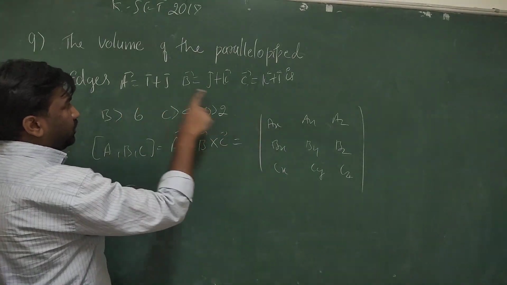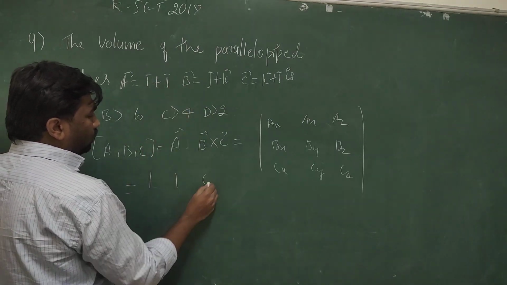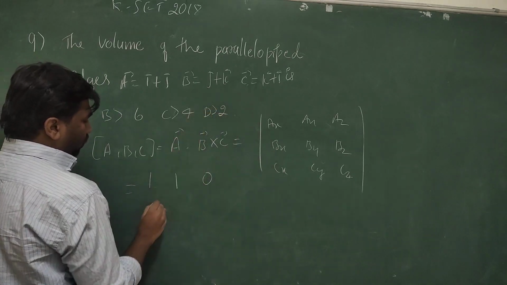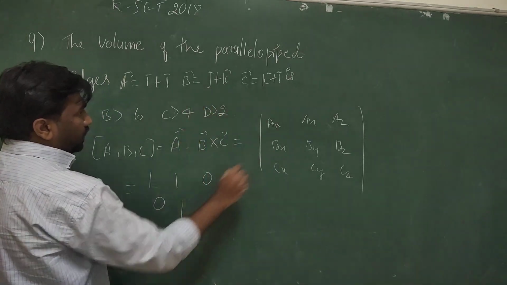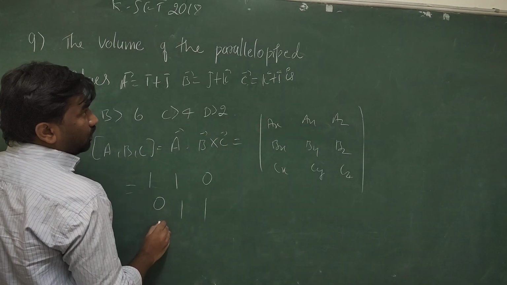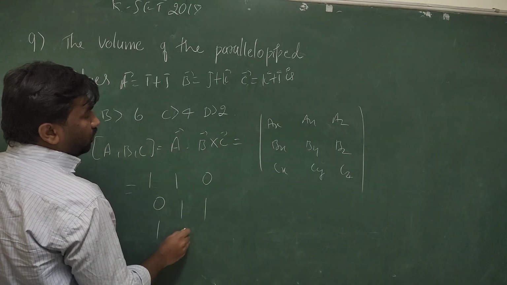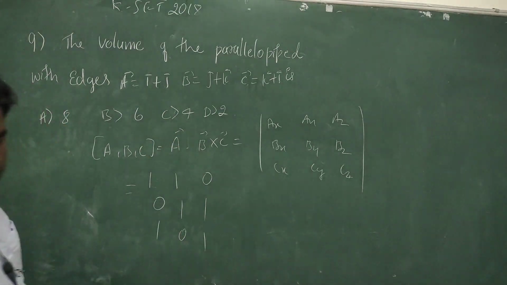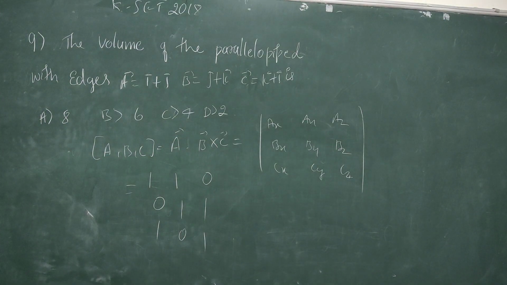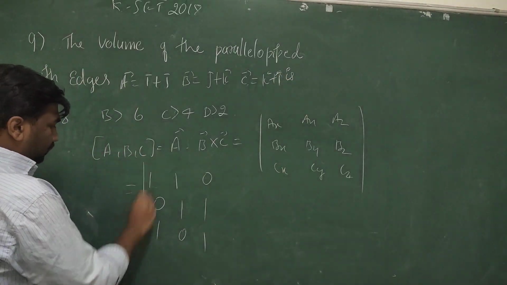Coefficient of I is 1, AY 1, AZ no, 0, BX no, BY 1, BZ 1, CX 0, CY 1, CZ 1.